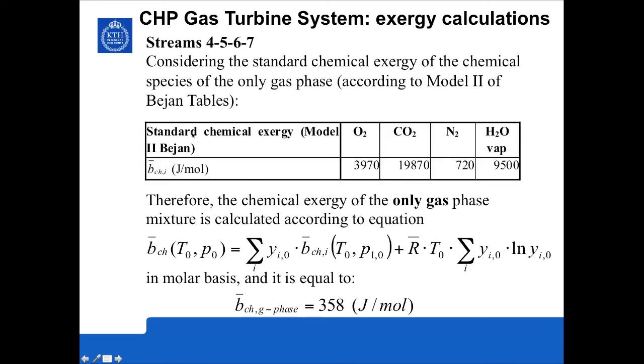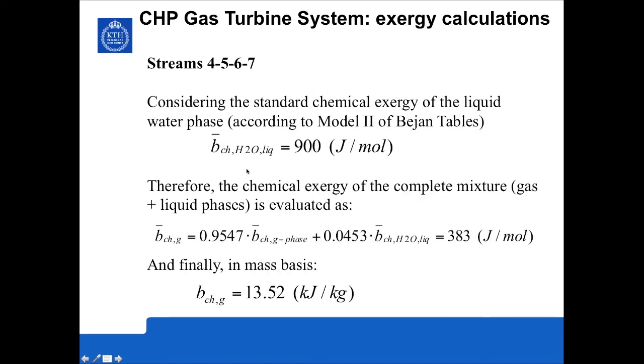The stream of gas in conditions 4, 5, 6, 7, when I want to calculate its chemical exergy, is composed of 2 contributions. The contribution of the gas phase, 358 joule per mole. The contribution of the liquid phase of water, 900 joule per mole. I have to sum the 2 contributions, of course weighting across the molar fraction of the gas phase and of the liquid phase.